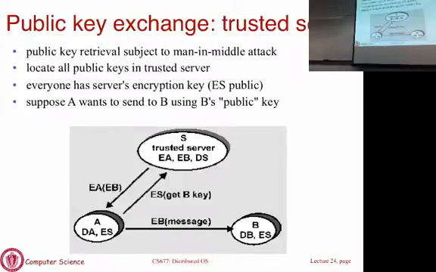This will not be vulnerable to any attacks because both these messages are encrypted, and the private keys are only known to the corresponding party, so you can't figure out what is going on. So this is one way to get somebody's public key. You go to a trusted third party. It requires you to go and ask for the public key.